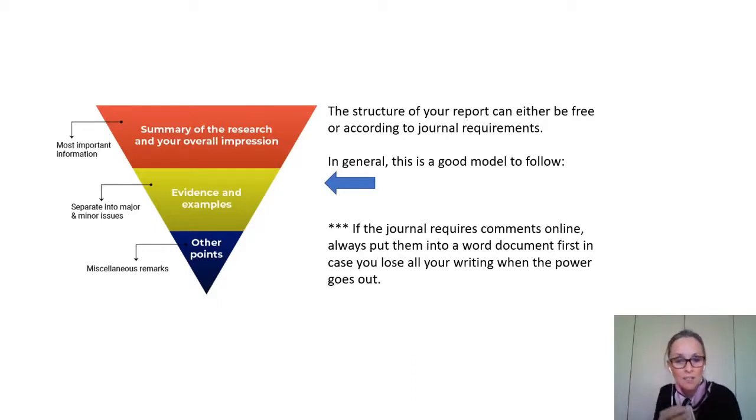And then the last point is what they call miscellaneous remarks, but this is usually the most work. This is all the other points. This is specific line, page, line, or row number, and specific things that link to the questions that I asked of myself earlier. What does this really mean?